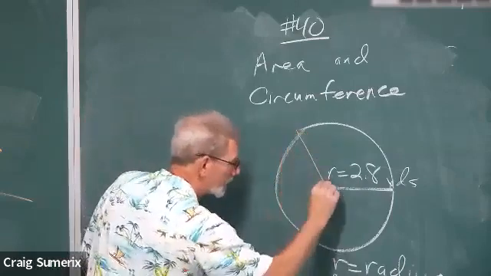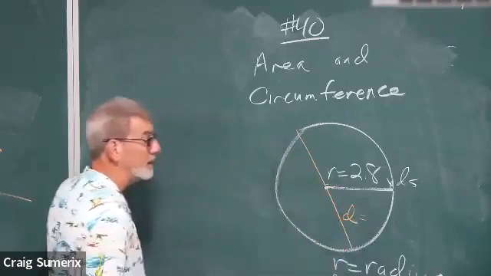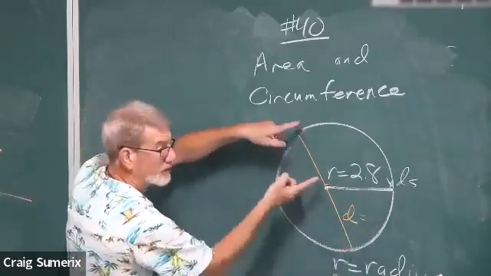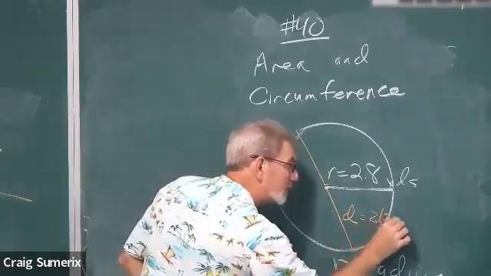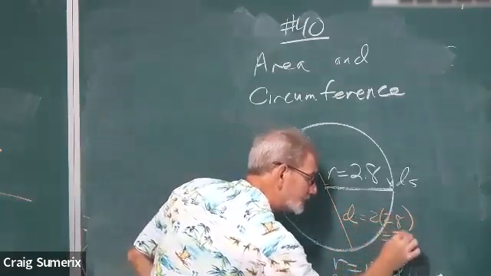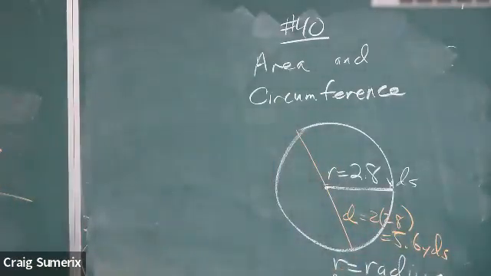The diameter is side to side, going through the middle. It's like two radiuses, isn't it? So it's going to be twice as big as the radius. 5.6 in this case.